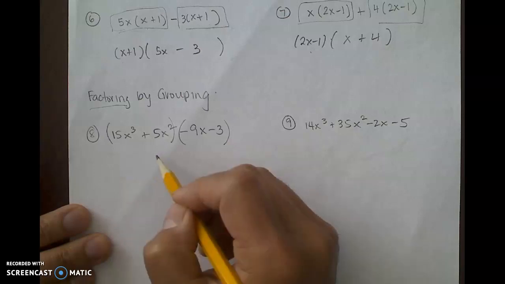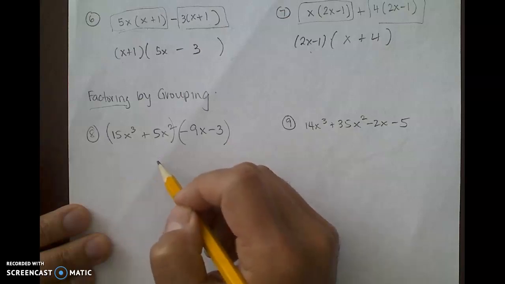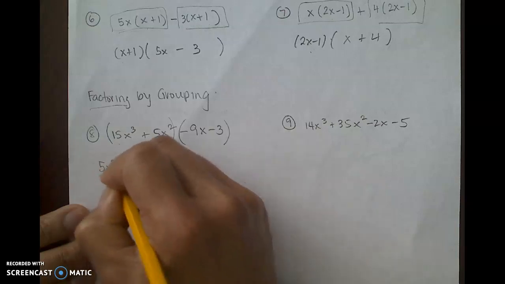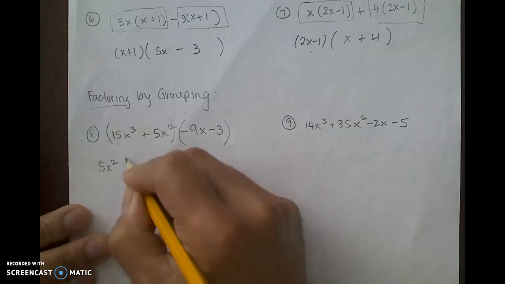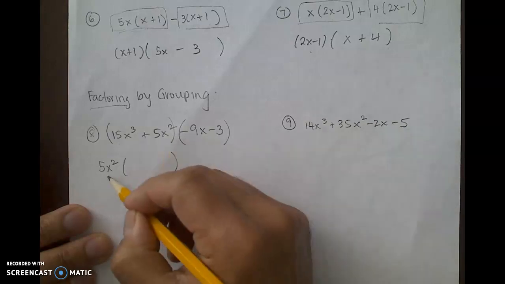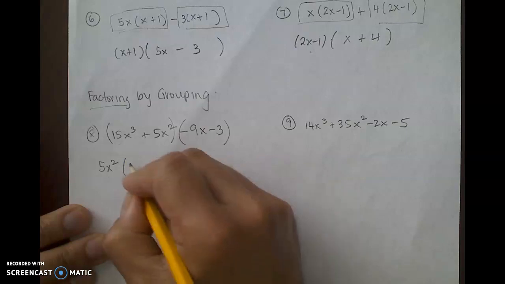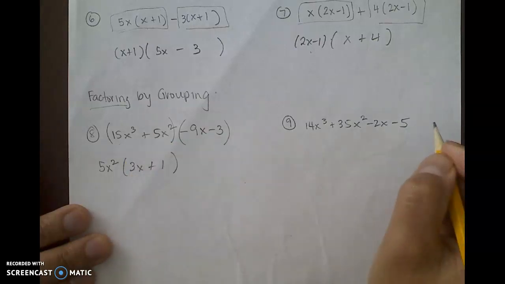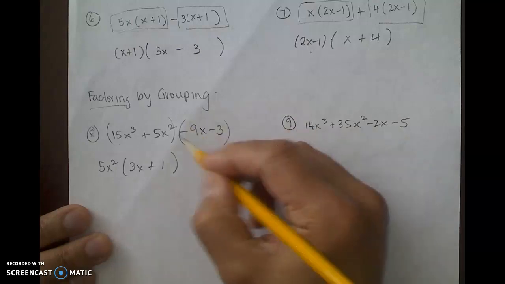Now with the first grouping, we're looking for the GCF. Between these 2 terms, there is a GCF of 5x squared. Divide the 2 terms by that GCF, and I'm going to be left with 3x plus 1. So now I'm going to look at these 2 terms.